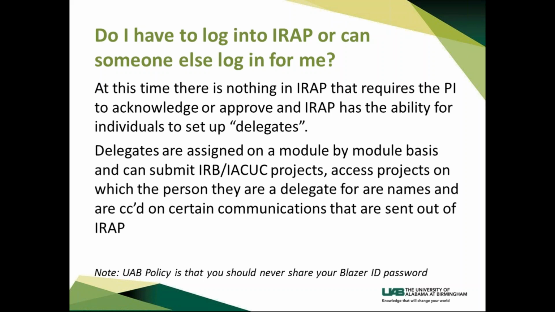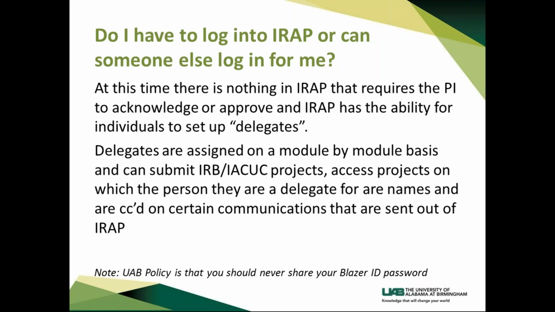For OSP, at this point, everything that gets sent over to OSP is sent over to them in an email, and then it gets updated in the system. There is nothing at this point that the campus can edit for the OSP module. So at this point, there's nothing that a delegate would be able to change there.